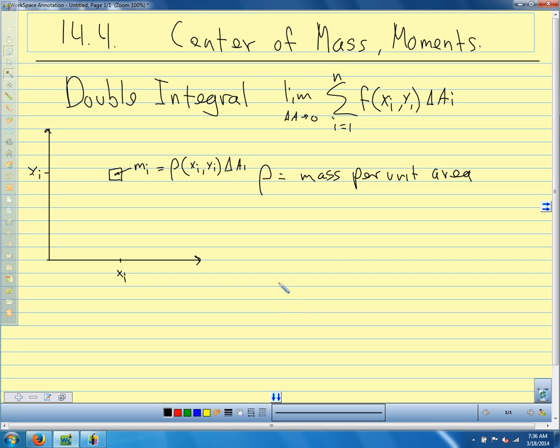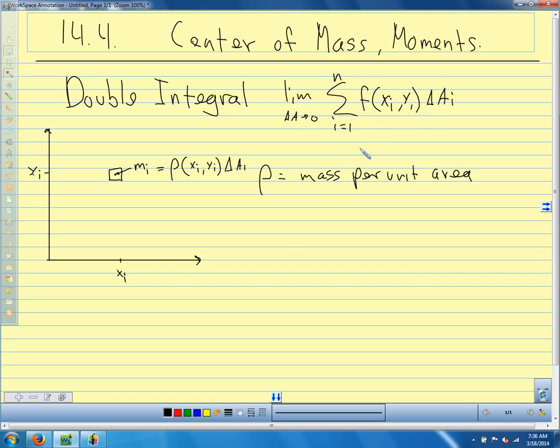And if we have some region defined in the xy plane, we're going to sum these masses over that region to get the total mass of the planar lamina. So we make the sum of rho of x sub i, y sub i, delta A sub i. Well, that exactly matches our definition of a double integral.